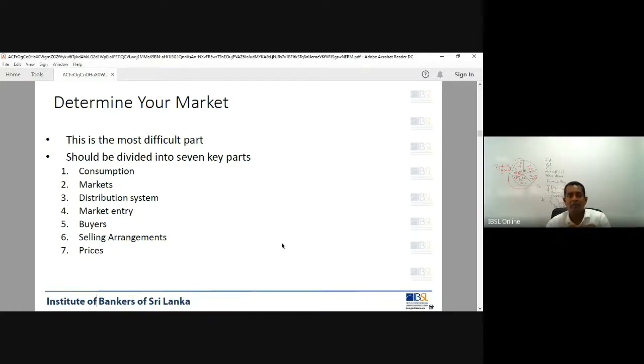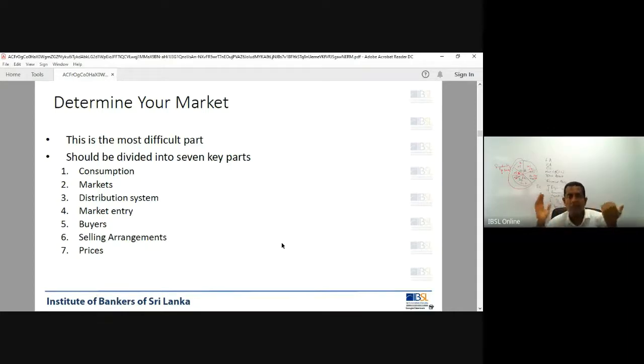Price. You can produce a very good product, but if the pricing is way out of the market competition or the affordability of the customers, you will not sell. Right? So it has to be within these parameters. Consumption, what will be the consumption?